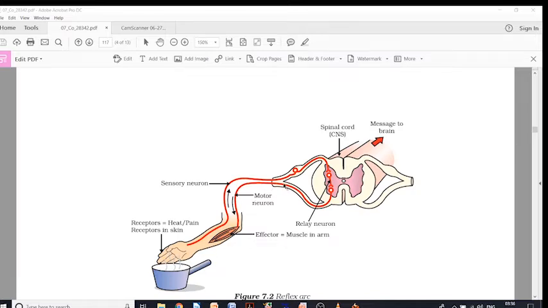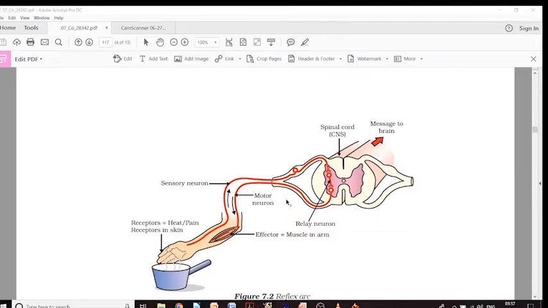So just to save itself from such damage, the human body has evolved, and instead of taking such a long journey to the brain, the nerves form bundles in the spinal cord, so that they can just relay the message to the relay neuron in the spinal cord and to the motor neuron, finally saving the body. So this is an evolutionary thing.